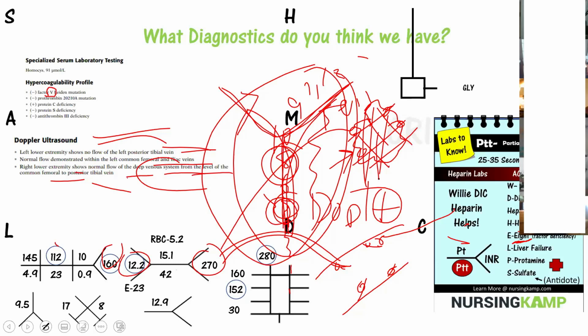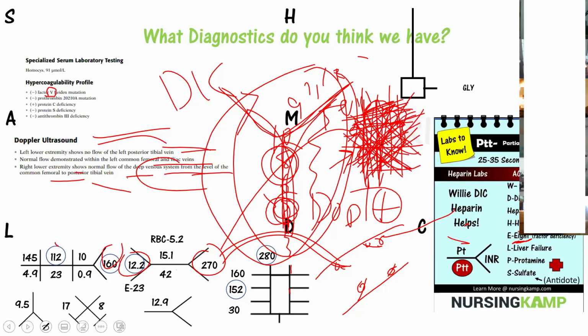So how this works is, in DIC there is massive clotting everywhere. Every hole is forming a clot. So it goes platelets, 12, 11, 7, 9, 8, 6, 5, 4, 3, 2, 1, clot.